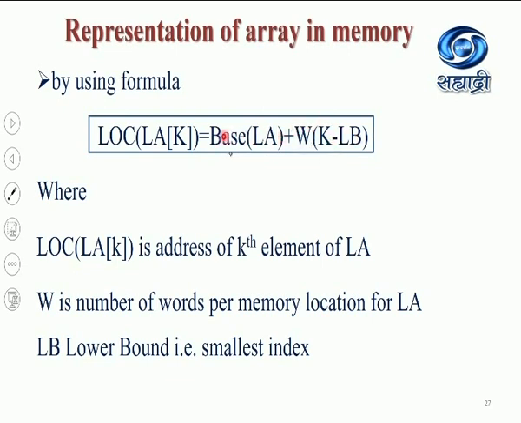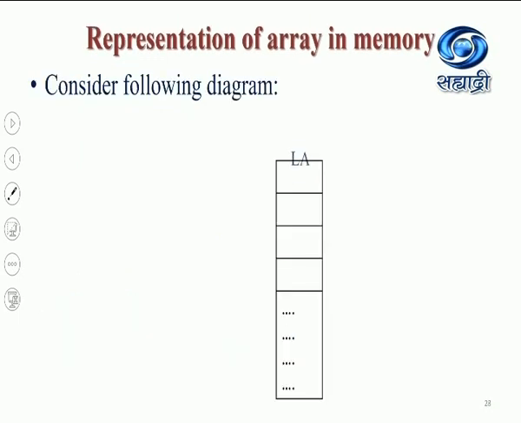Base of LA stores the address of the first element. W is the number of bytes required to store a single element. K is the index number and LB is the lower bound. LOC of LA of K is the address of the kth element of LA, and W is the number of words. Words means the number of bytes per memory location for LA, and LB is the lower bound, that is, the smallest index. Here, consider the following diagram.